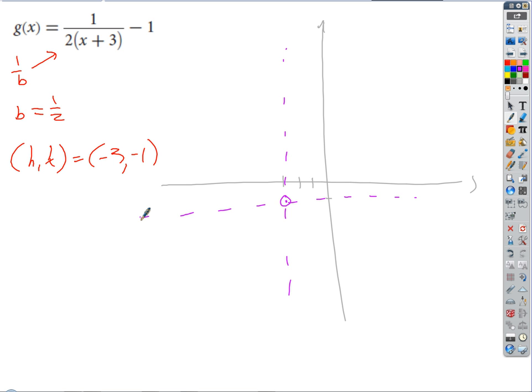So normally, I would go over 1 and up 1. But if I'm going to horizontally compress that point relative to where we started from, instead of going over 1, I'm only going over 1/2 to get there. See what I'm saying? So that's going to put that point right there instead. Everybody see that?